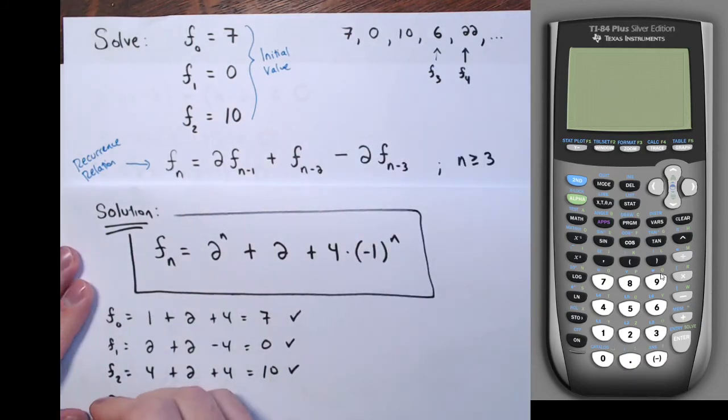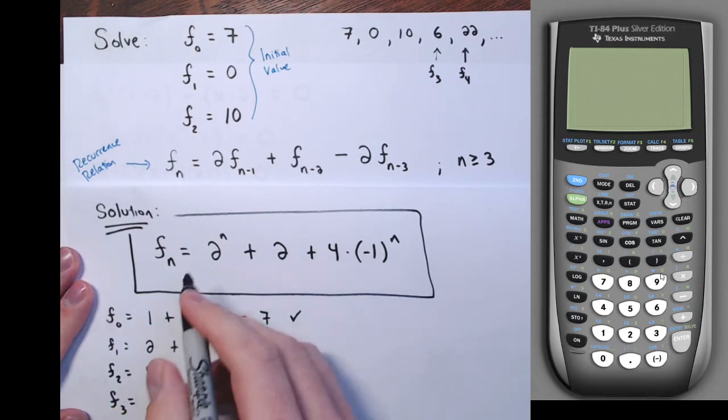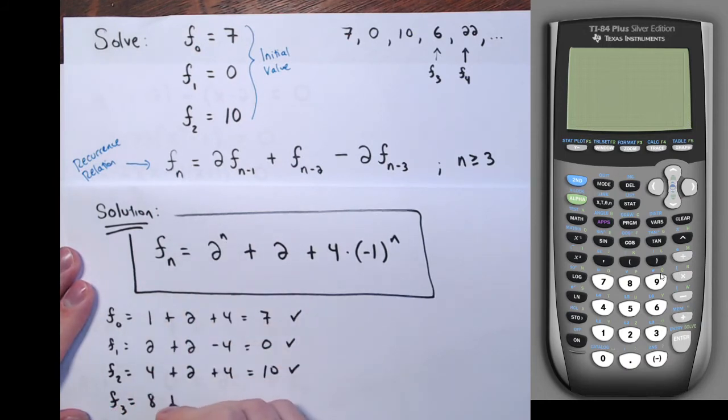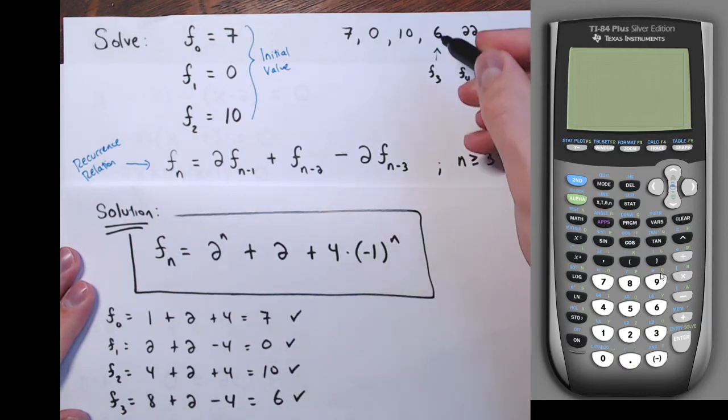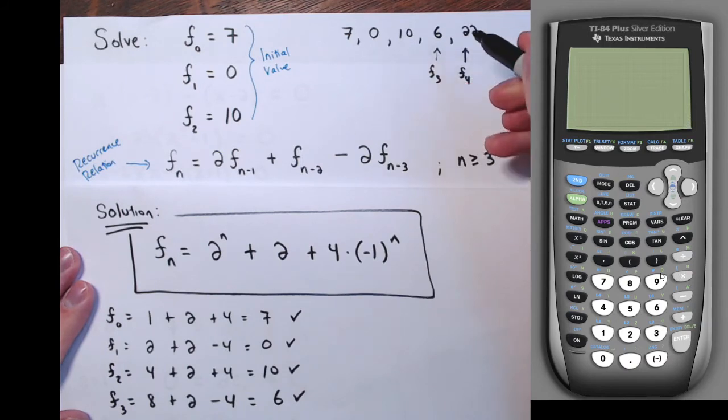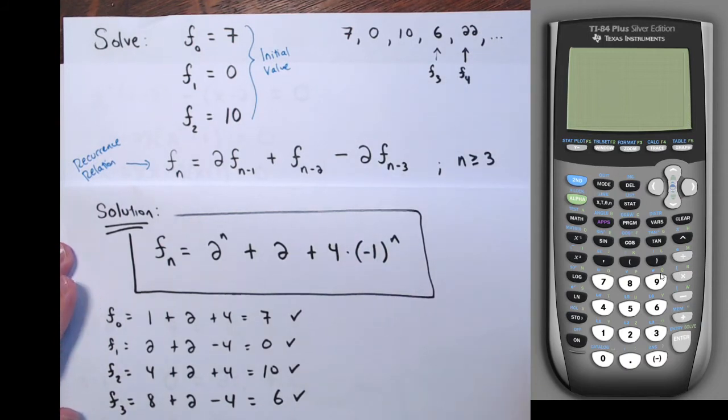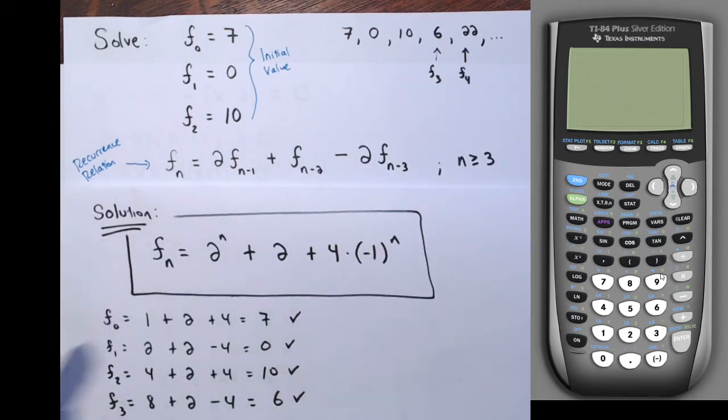Let's do one more. What's F3? 2 to the third is 8, plus 2, and then -4. That's 6. And bet you dollars to donuts, the next one's 22.